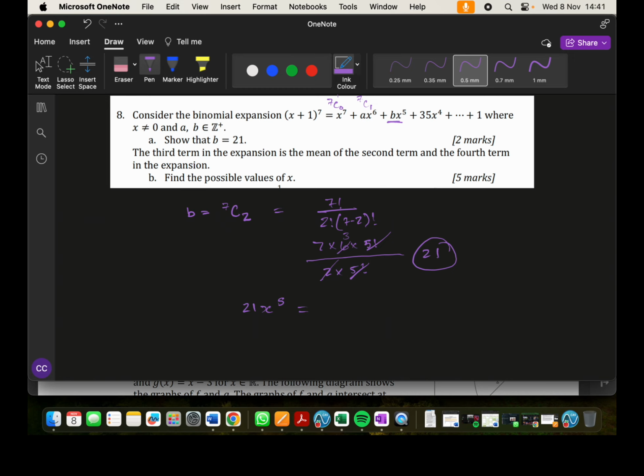Well, the second term is 7x^6, and then I'm going to add to that the fourth term, which is 35x^4. If I take all of that and divide it by 2, I'll have the mean of those two values.